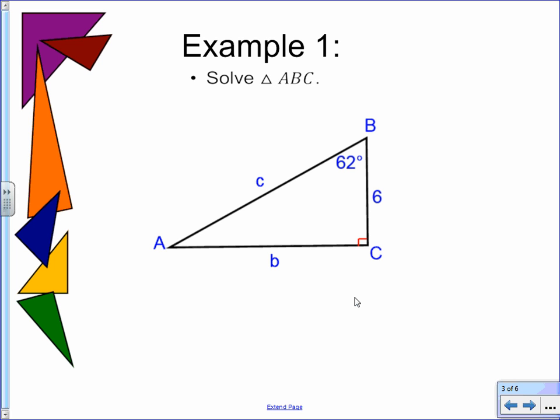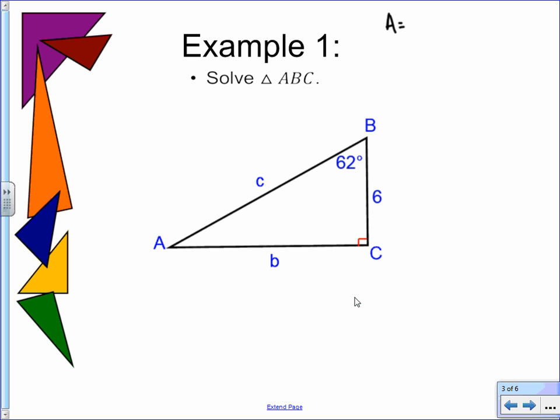One thing I like to do at the beginning of a problem is just figure out what I'm responsible for, like what things are missing that I'm going to have to find. So when I look at the inside of my triangle at my angles, I know C is 90, I know B is 62. I'm responsible for identifying the measure of A. So I'm going to write up here, I'm going to need to know what angle A is.